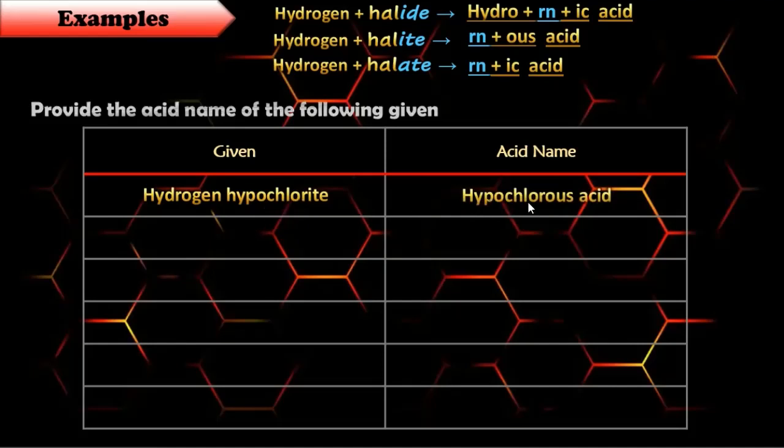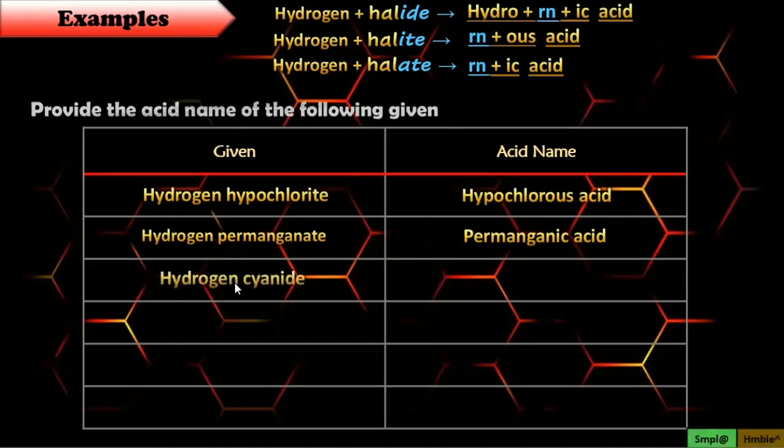Therefore, hypochlorous acid, plus OUS. Second is hydrogen permanganate. Now, the anion ends with ATE. So the root name is permangan plus IC and acid, permanganic acid.